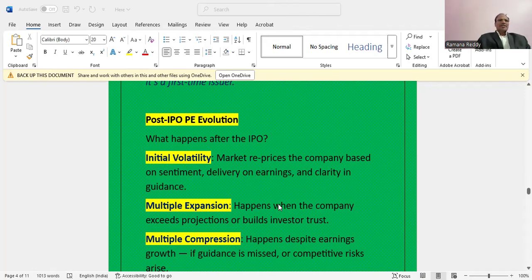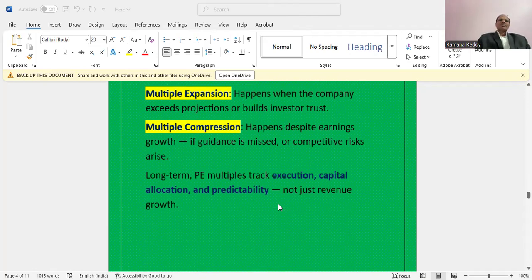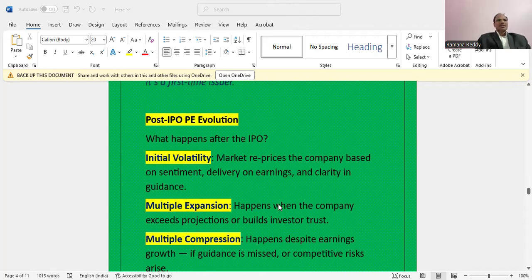Then there will be initial volatility and multiple expansion or multiple compression. In initial volatility, the market reprices the company based on sentiment, delivery on earnings, and clarity in guidance. Multiple expansion happens when the company exceeds projections or builds investor trust.